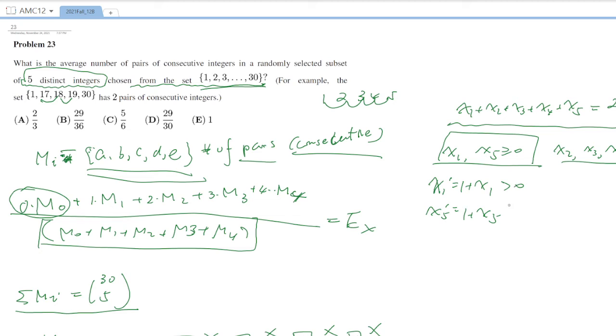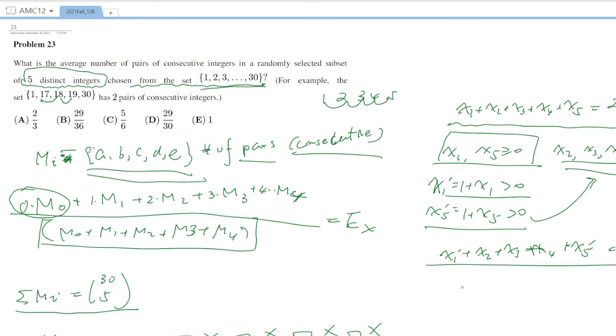Now this one will be greater than 0, this one will be greater than 0. Using stars and bars, x1 prime plus x2 plus x3 plus x4 plus x5 prime is equal to 27.